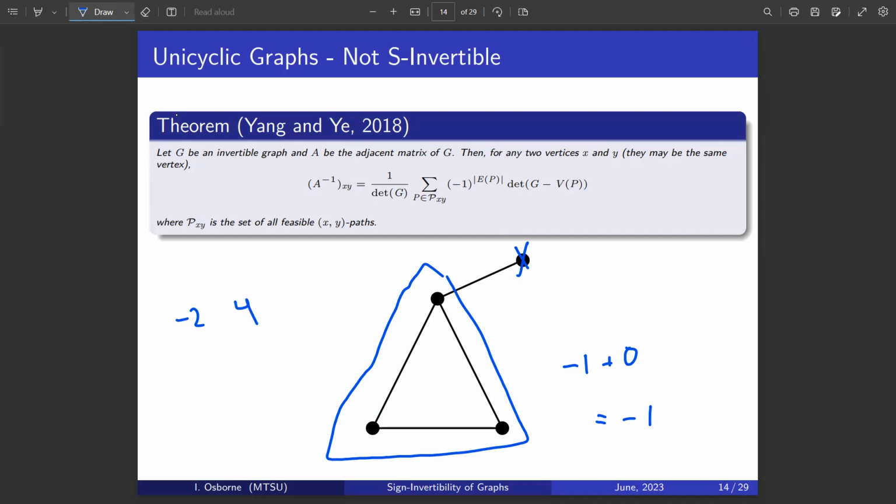But either way, when you're looking at this formula, that entry in your inverse is going to be either -2 or 4. So because of that, we've got this entry in our inverse that isn't a 1 or a -1. This entire graph cannot be s-invertible.